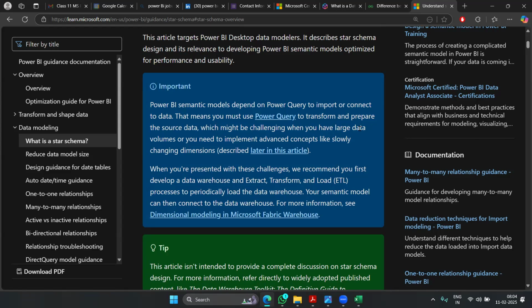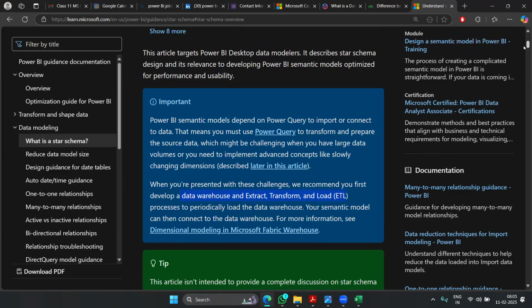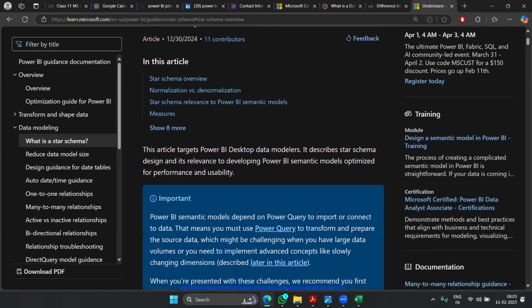That means you use Power Query, not this one. See, when you are presented with these challenges, we recommend you first develop a data warehouse and an extract, transform, load process with periodic loads. Your semantic model can be connected to the data warehouse, right? The dimension model, data model, everything comes here.